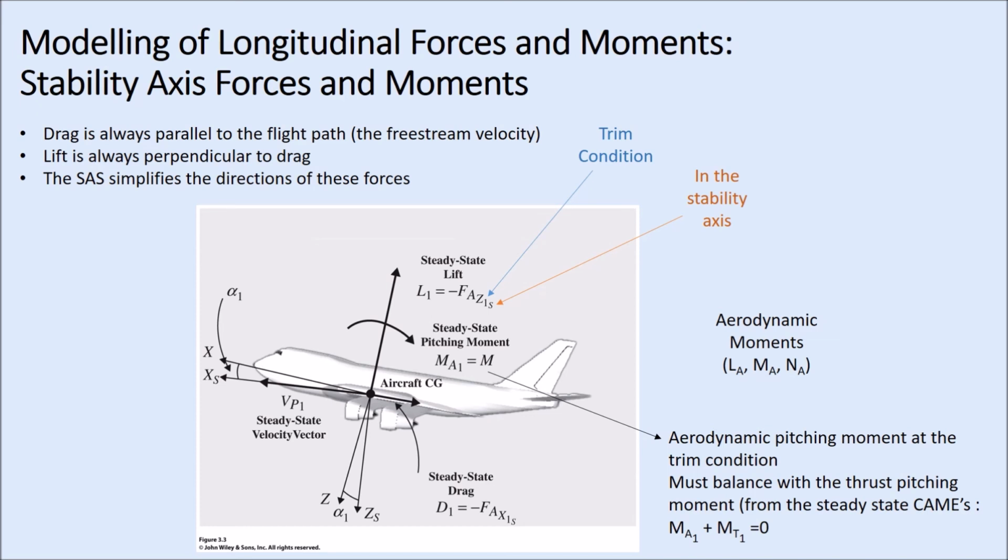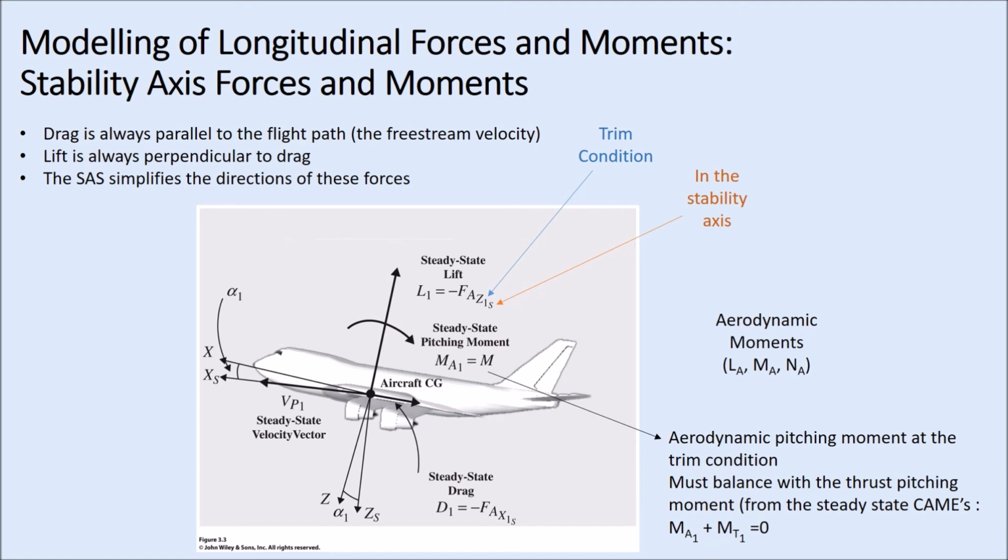And perpendicular to that drag component, we have the lift component, which is L subscript 1, and that's associated with the aerodynamic force in the z direction for the trim condition in the stability axis. So F subscript A Z1 S. Okay, and then finally we have our aerodynamic moment.